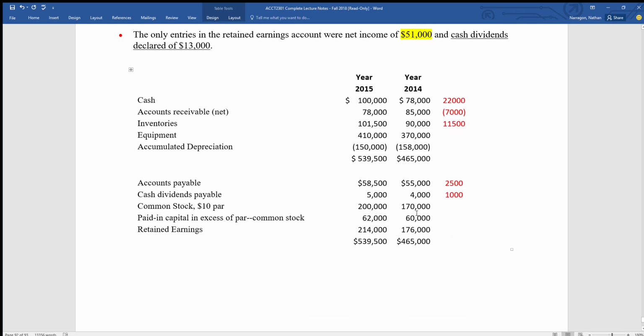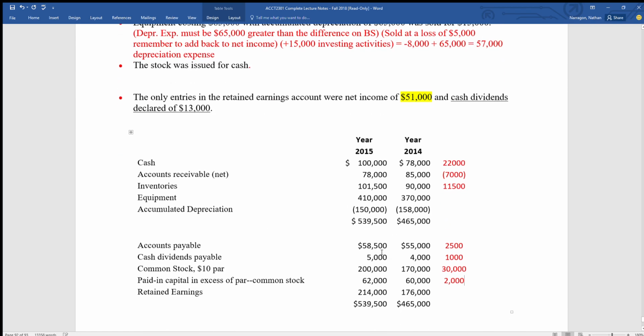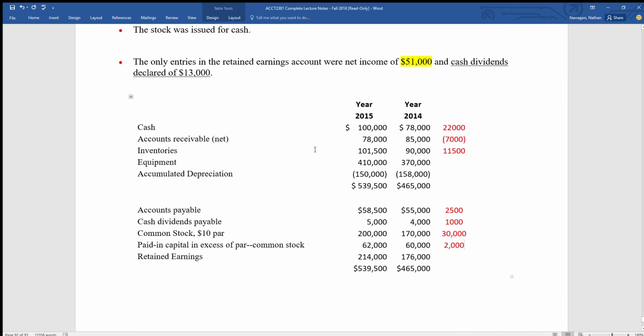So we probably have a sale going on there. Common stock increased by 30,000. Paid in excess increased by 2,000. So we got financing right there of 32,000 going on. And of course, retained earnings already has all that. Okay. So we need to watch out for that, especially on the dividends part.